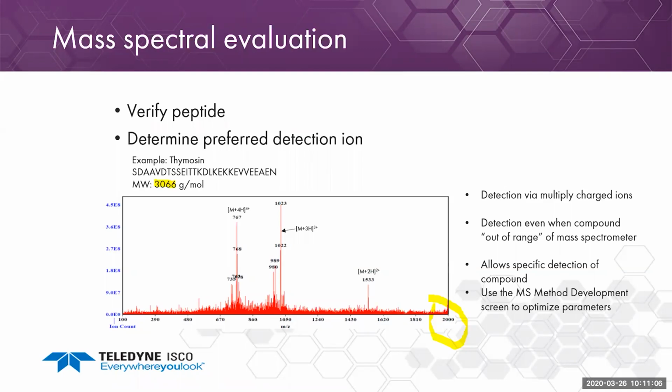And I can see the M plus 2H, M plus 3H, and M plus 4H. And the presence of these multiply charged ions simultaneously in a peak is unambiguous proof of the compound that you want to purify. And you can look for these using MS method development on our systems over here.